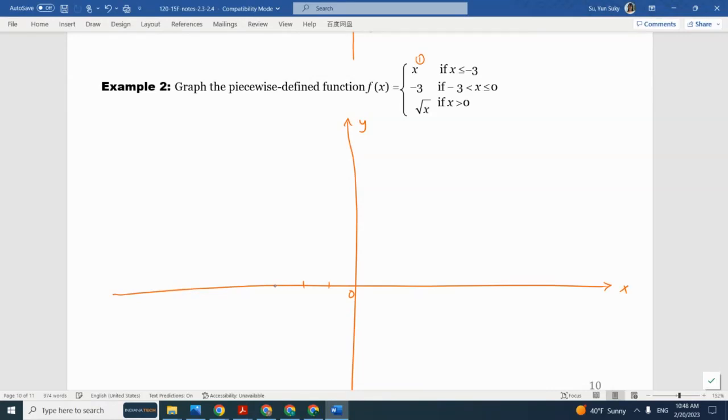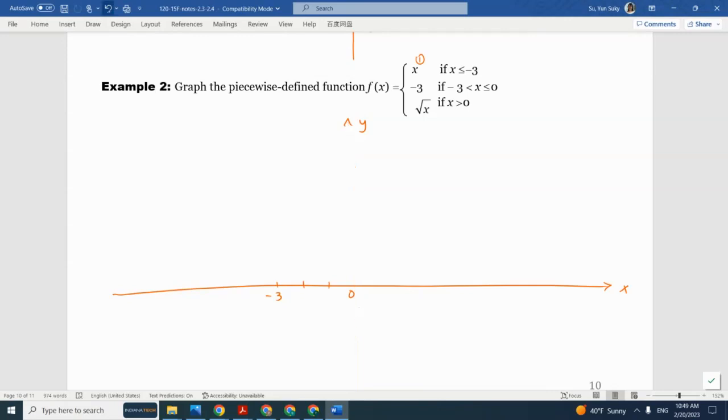That's 0. That's -3. And do you see what's the power of x? 1. So it is a line. How many points can make a line? 2 points. So we plug in the endpoints. Plug in -3. Oh, x, which is -3. Right? -3, -3.